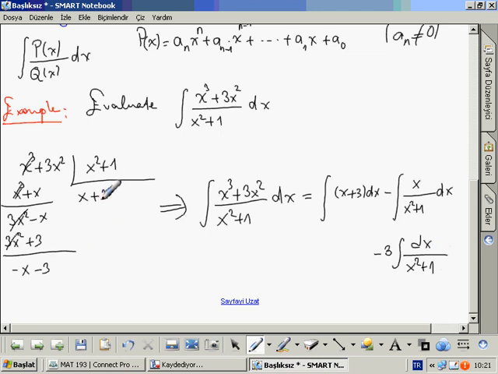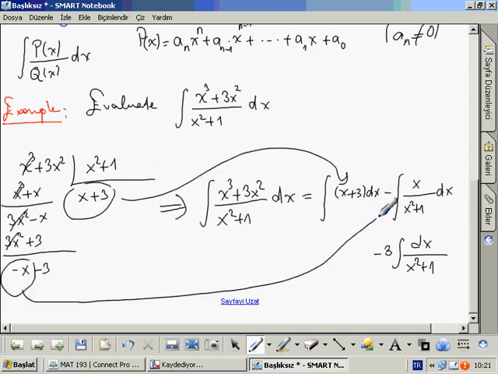As you see, this part is here, this part is here, and this part is here.